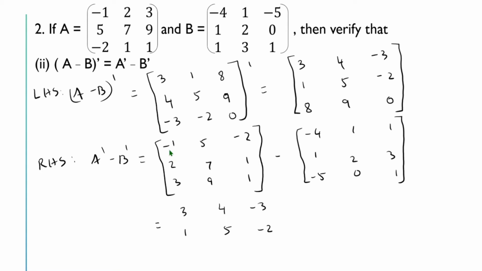That is, we have to subtract each of these elements. 3 minus of minus 5 is 3 plus 5, 8, then 9 minus 0 is 9, and 1 minus 1 is 0. So we can see that these two matrices are equal. So this is equal to the left hand side.